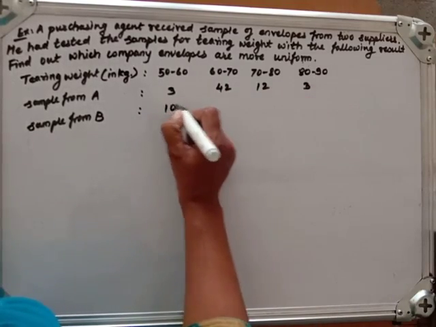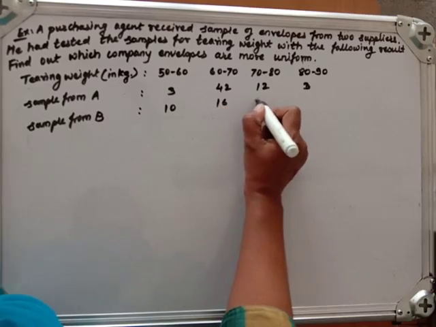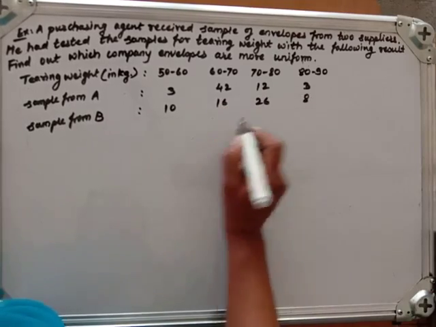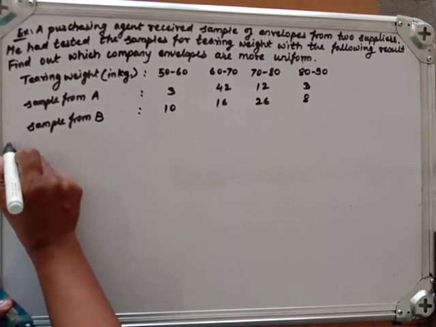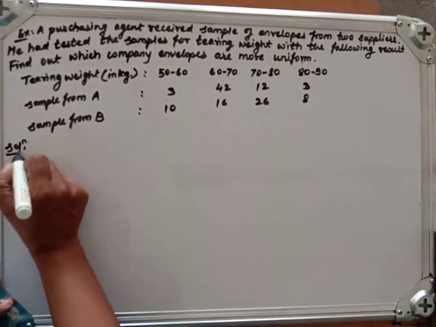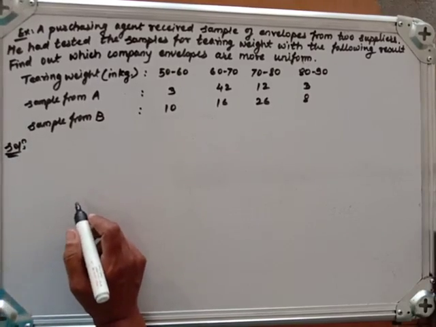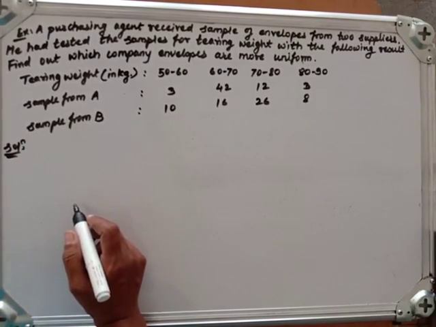For B they are 10, 16, 26 and 8. Now we have to check which one is more uniform. So the solution: here also we will determine the coefficient of variation to compare the uniformity of tearing weights.